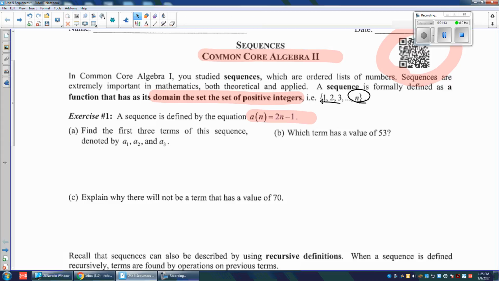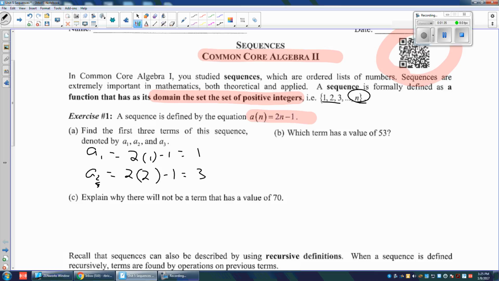Remember to notate them as a sub 1 equals 2 times 1 minus 1, which is 1. A sub 2 equals 2 times what? I'm going to plug in that 2, minus 1, which is 4 minus 1, which is 3.